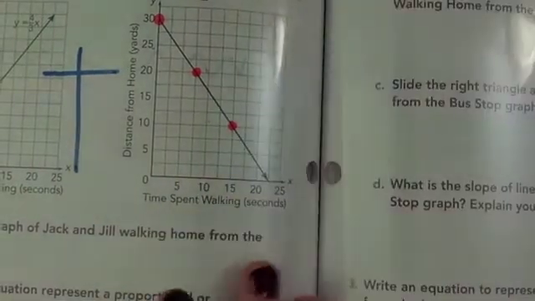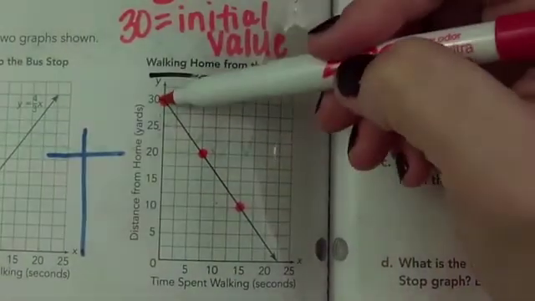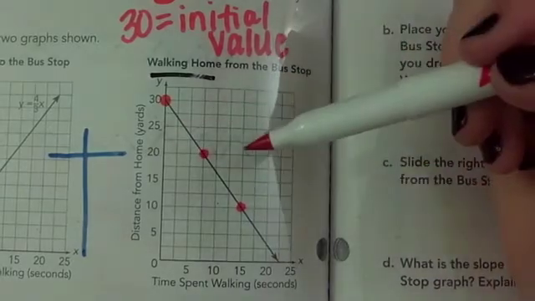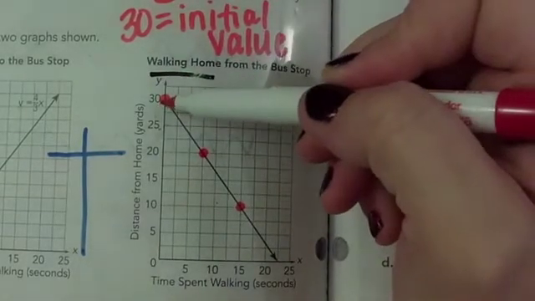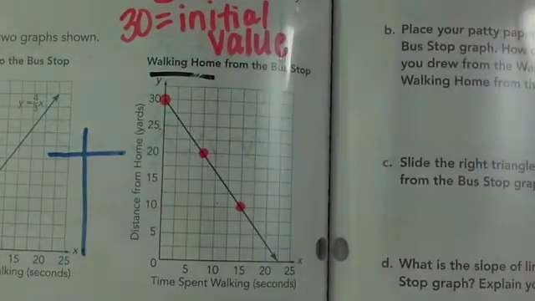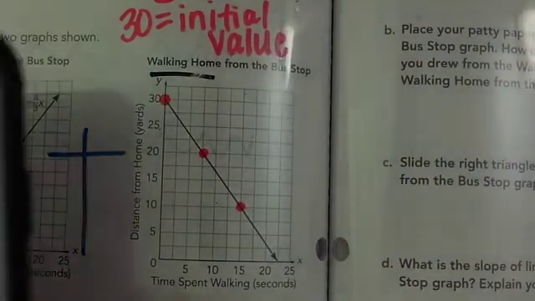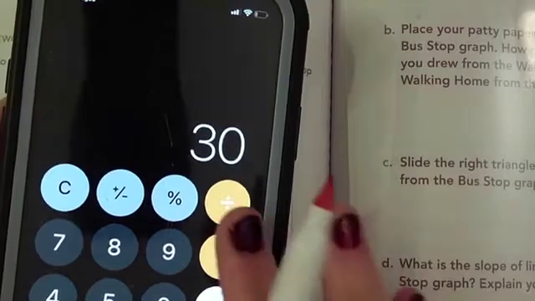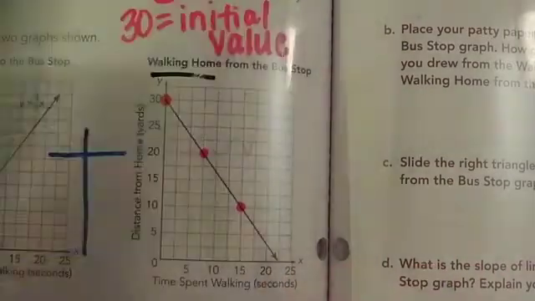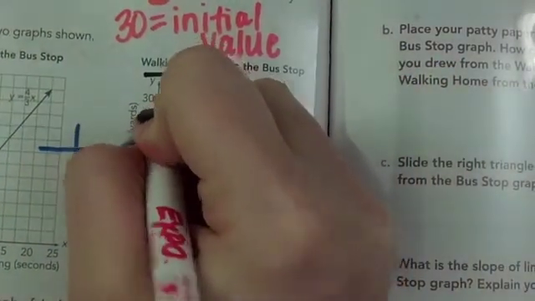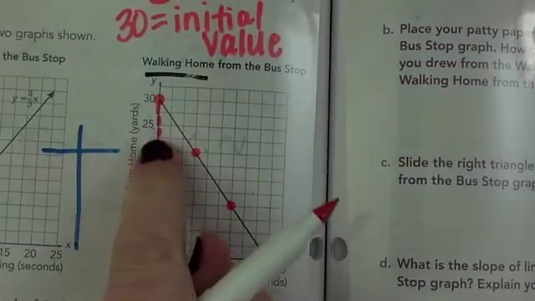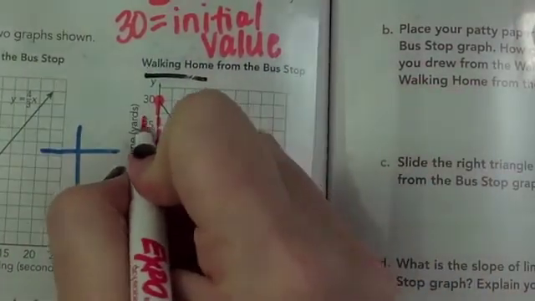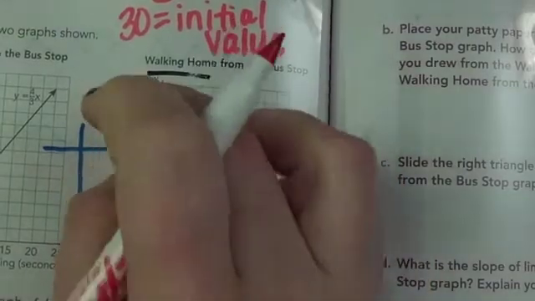So the next thing that you're going to do is it started at 30 and it ends up at 20, of course I just gave you the answer. So it's at 30 and now it's at 20. So what I'm going to do is 30 minus 20 is 10. But what you need to think about is, did it go up or did it go down? So it changed by 10, we said that.